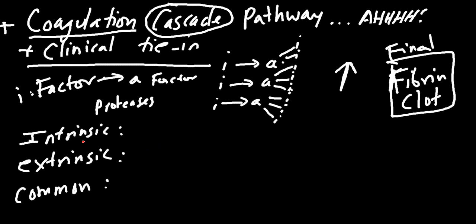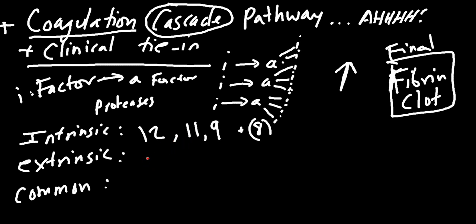So we've got the intrinsic pathway that I've already alluded to. We will cover it in depth, but right now I just want you to remember that it involves factors 12, factor 11, and factor 9. So it's going to involve three separate factors. Also, you can probably throw in 8 kind of in parentheses, but remember 12, 11, 9.